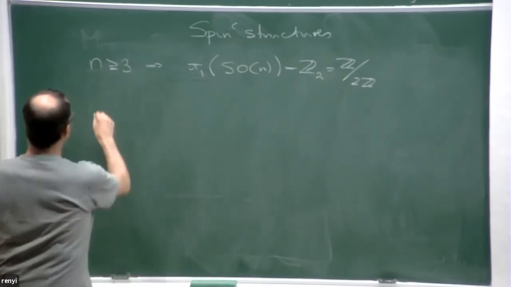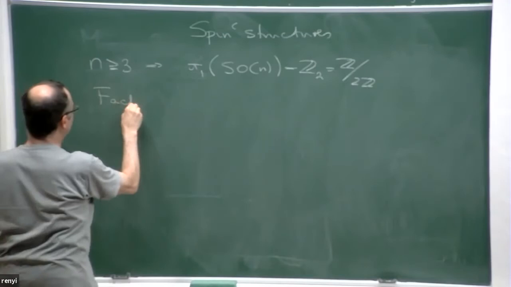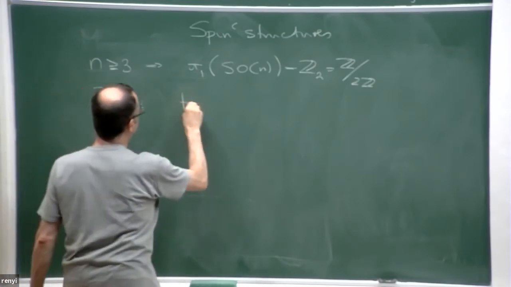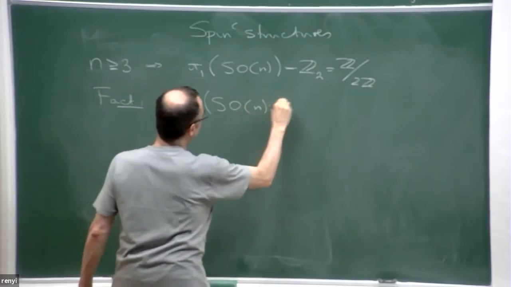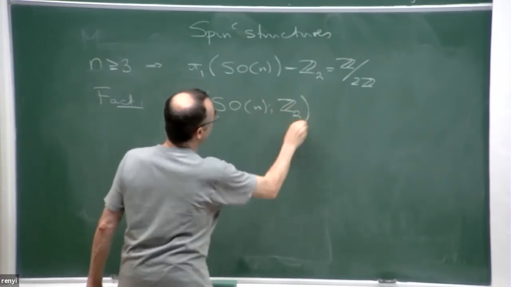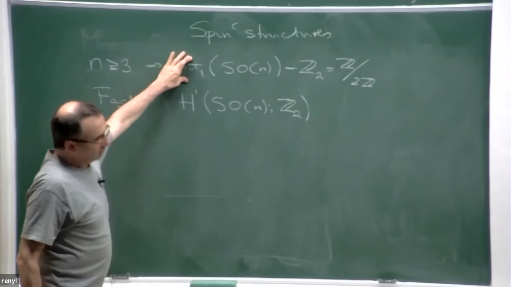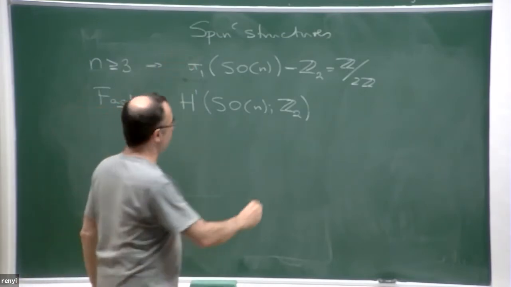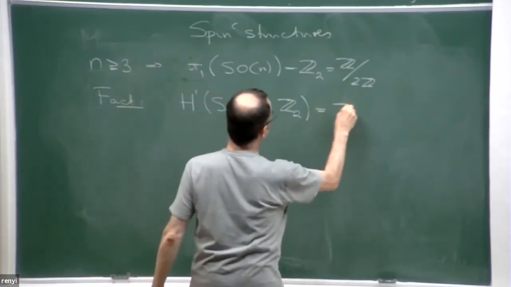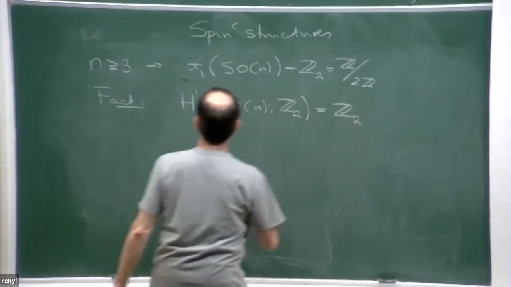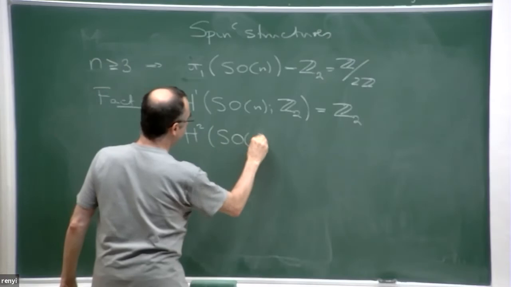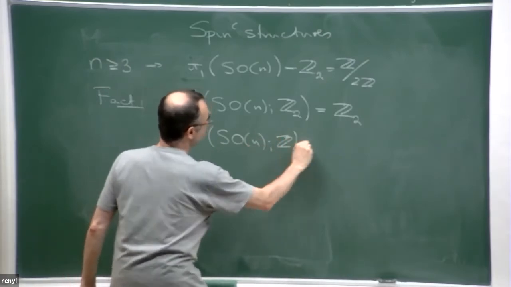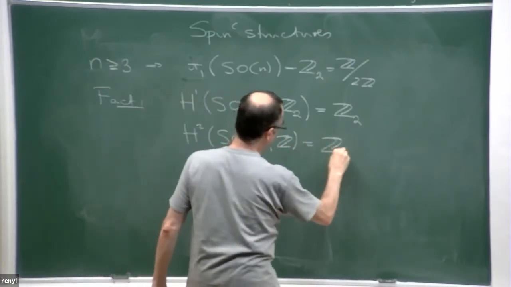And here's a little fact about the homology and cohomology of this Lie group. From that computation, it follows that the first cohomology with Z2 coefficients is Z2, and the second cohomology with Z coefficients is also Z2.